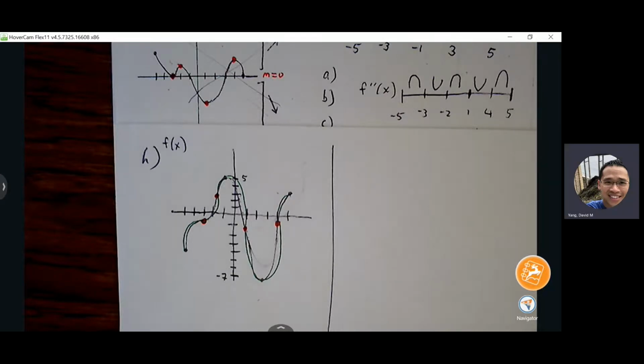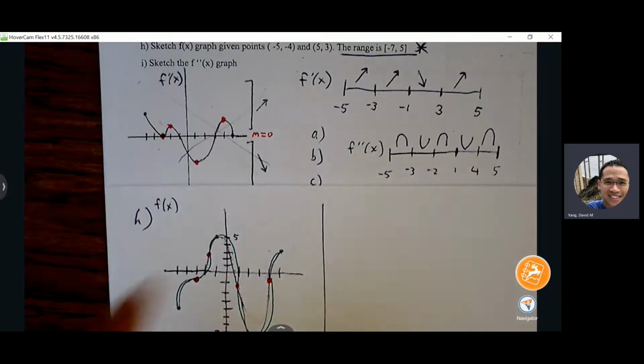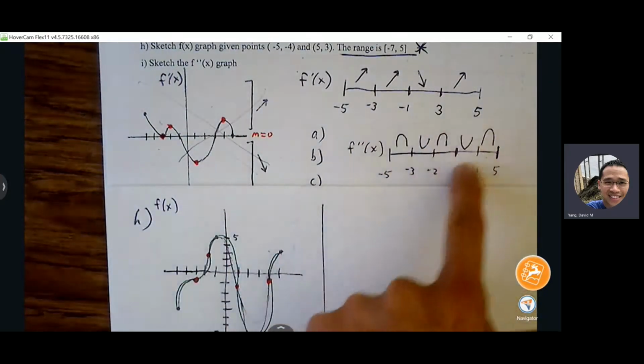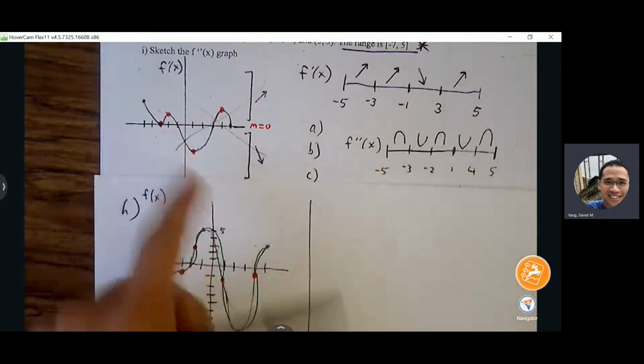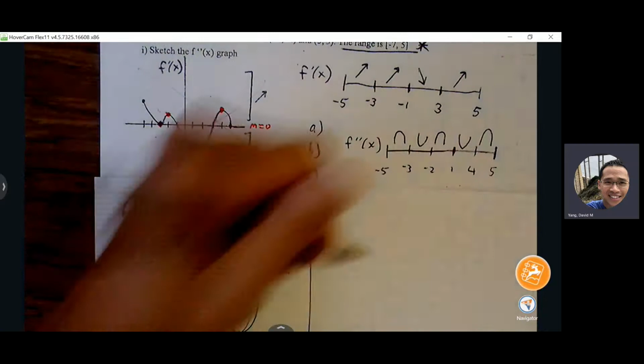Okay. Last part, let's create our second derivative graph. Now, when you create your second derivative graph, you're only looking at your second derivative sign line. This is the only thing you need to look at, okay? Don't look at the graph either, just the f double prime sign line.